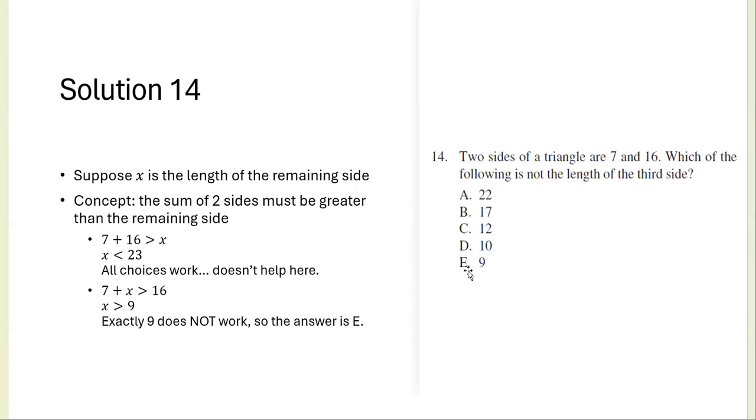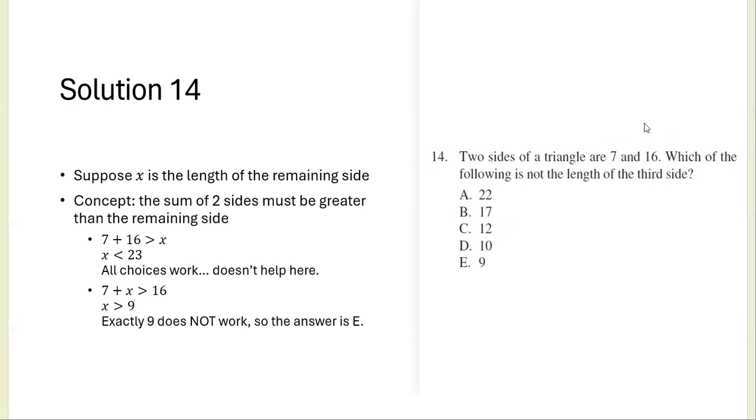Okay, one more time. Let me explain one more time. The concept is that in order for a triangle to work, the sum of any two sides must be greater than the remaining side. So we can consider that these two are the shortest sides, and the missing thing is the longest side.